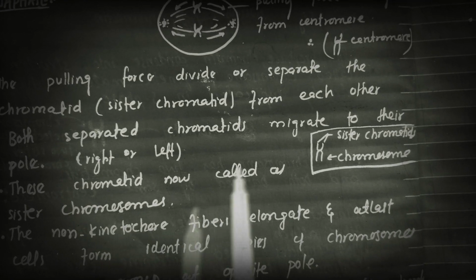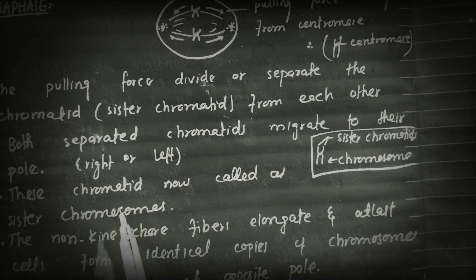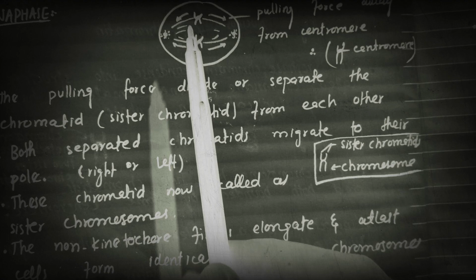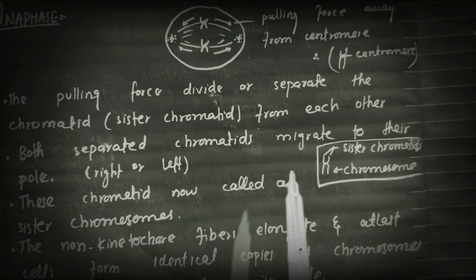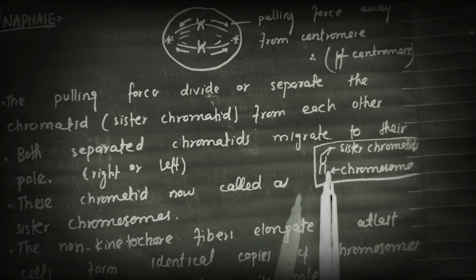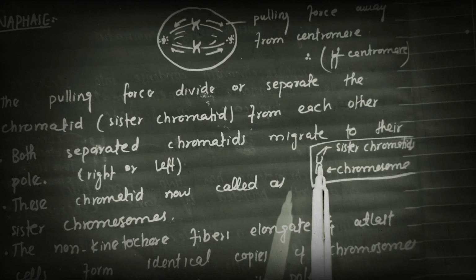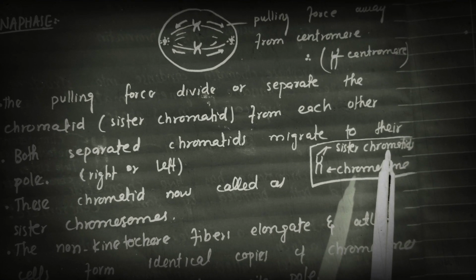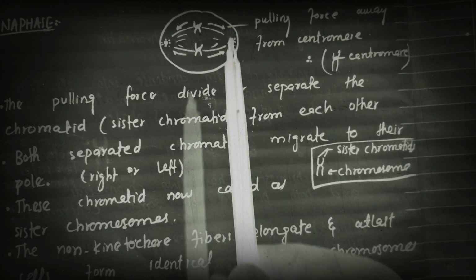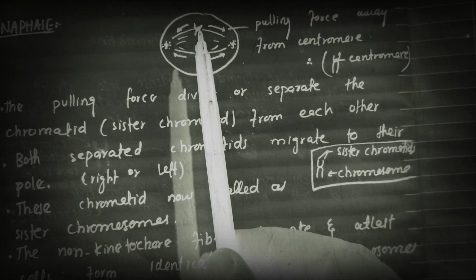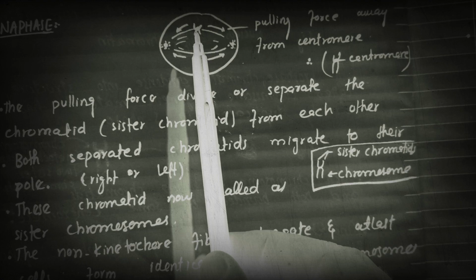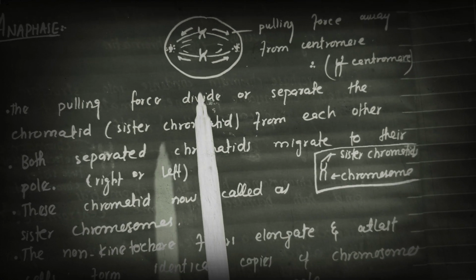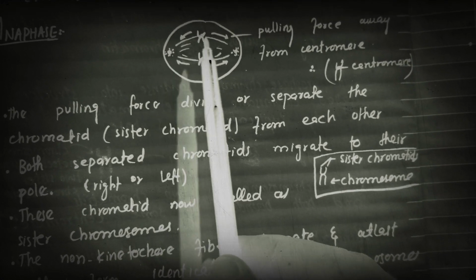These chromatids are now called sister chromosomes when detached from each other. What is a sister chromatid? This is a chromosome and both these arms are called sister chromatids. In anaphase, due to the pulling force, these sister chromatids detach or separate from each other and migrate to their opposite poles.